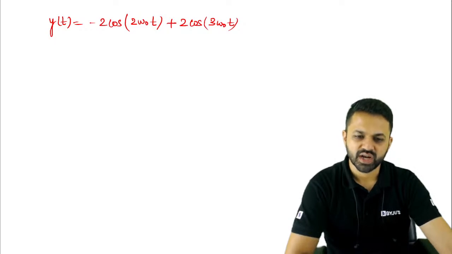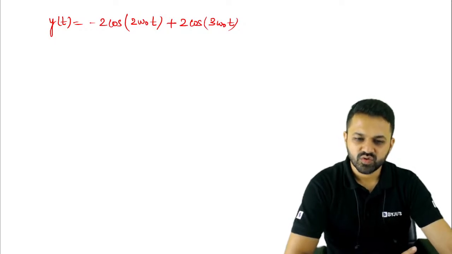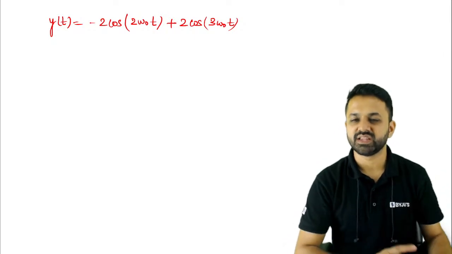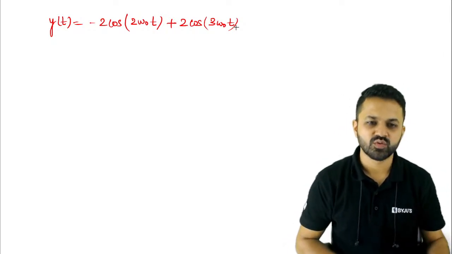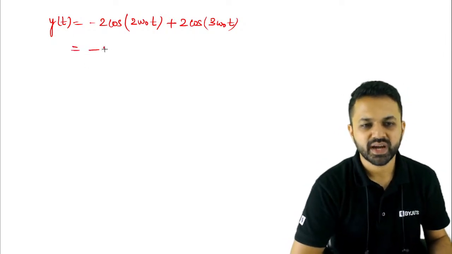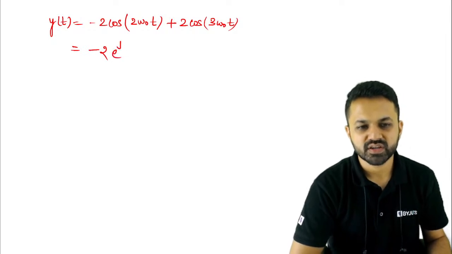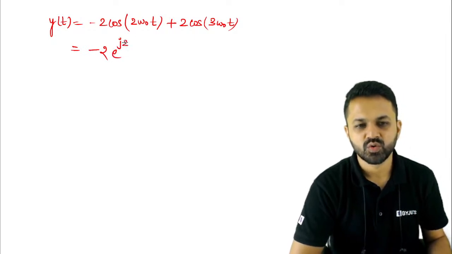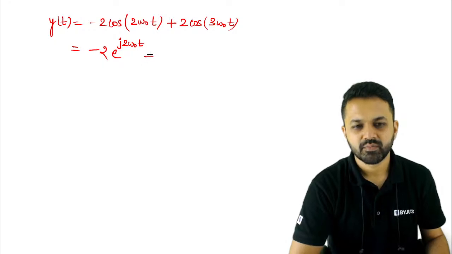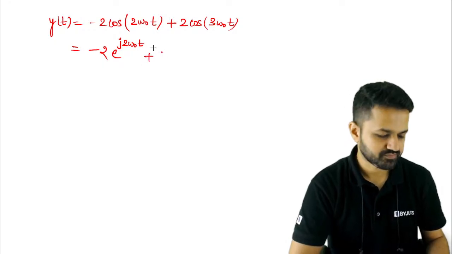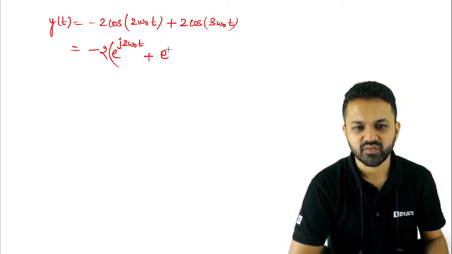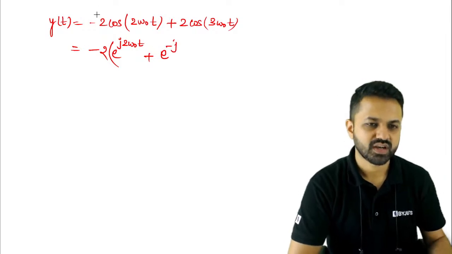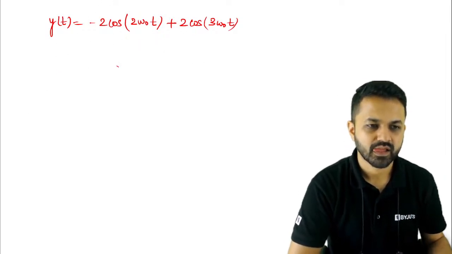Okay, and we want to write the value in terms of C1, C2, C3. So you need to expand it. Minus 2 e to the power j 2 omega naught t plus e to the power minus j 2 omega naught t.